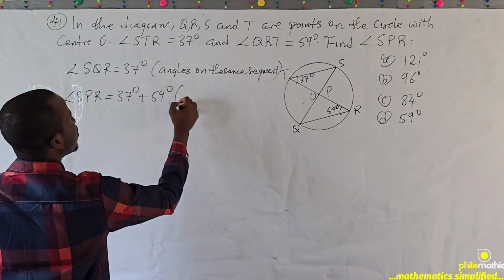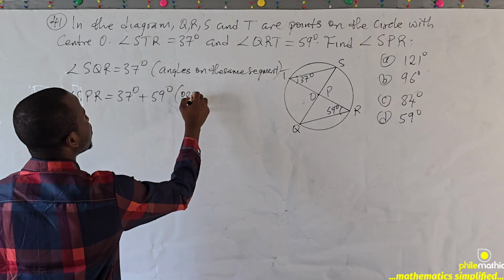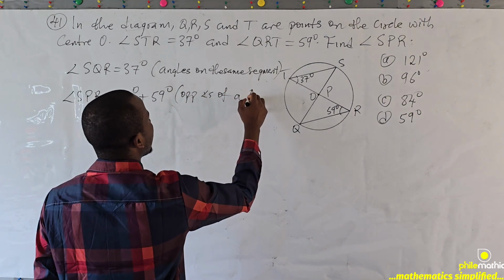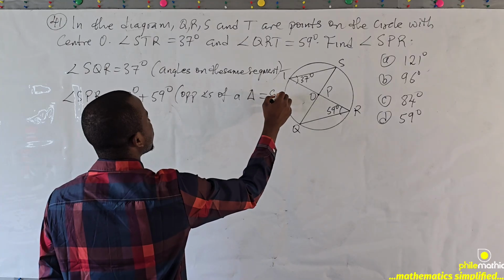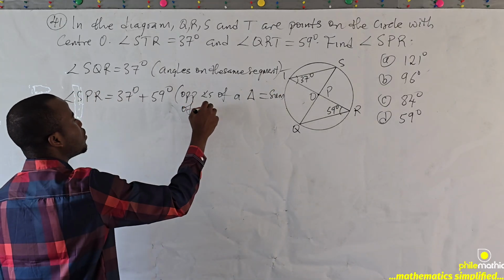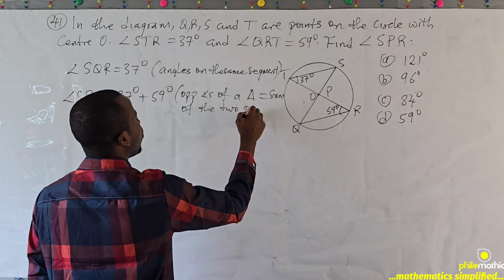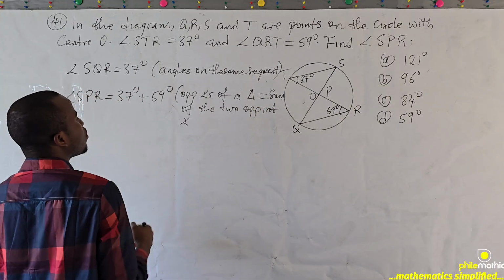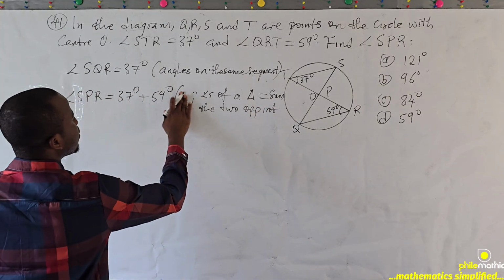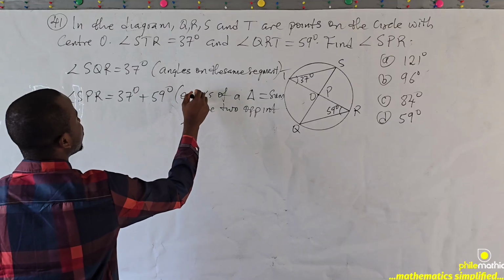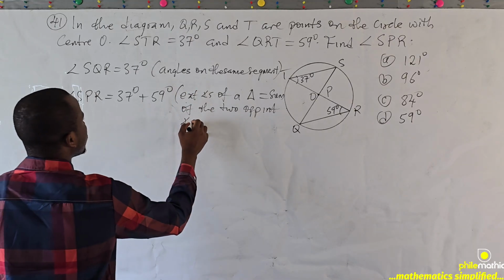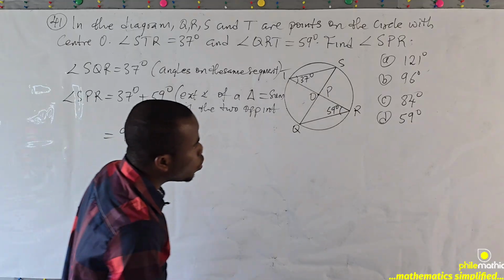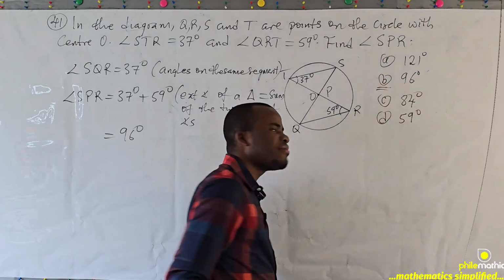The reason is exterior angle of a triangle equals the sum of the two opposite interior angles. So if we sum this, we'll get 96 degrees, which is B.